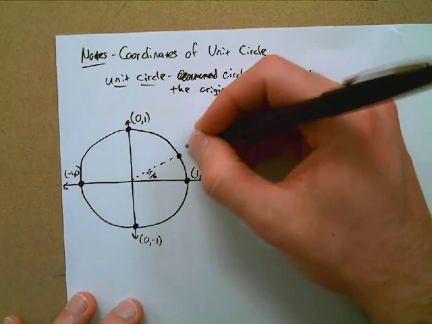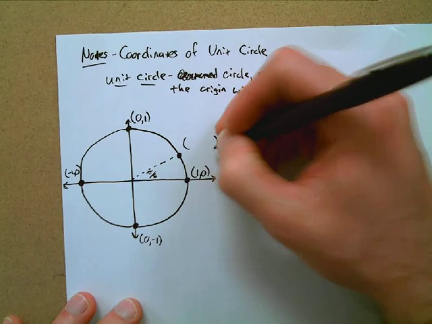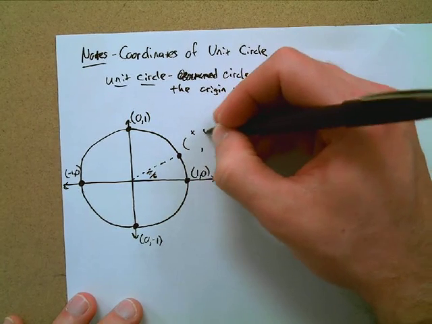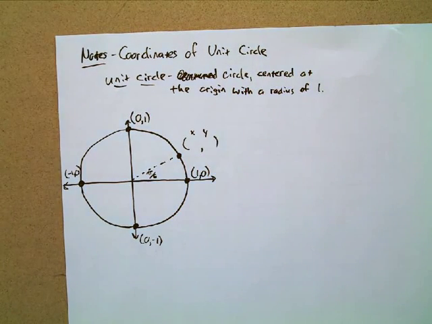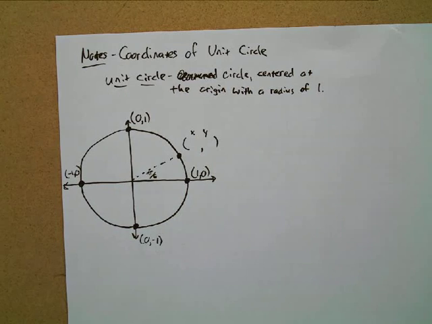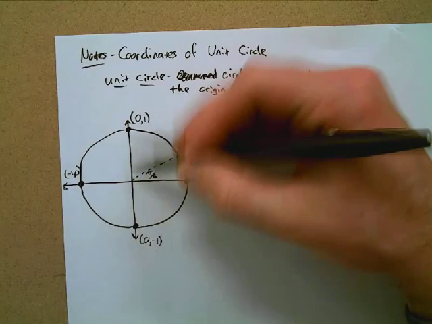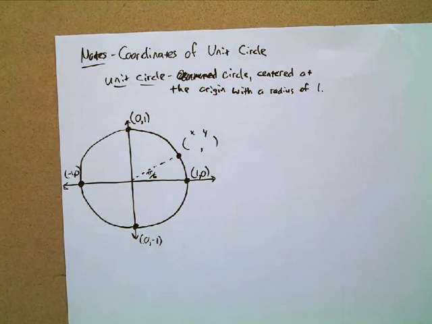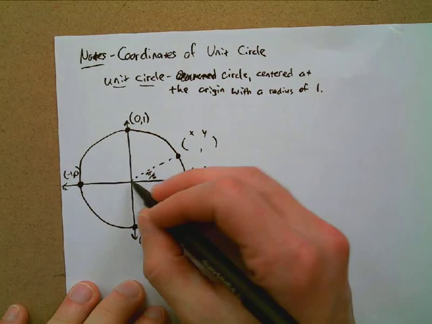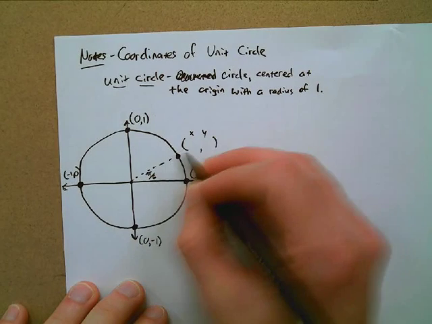It'll be some x, y coordinate. But of course, this one's harder to evaluate because it's not horizontally 1 over, or vertically 1 up or anything like that. It's at a diagonal distance. Now we know the distance from the center to this point is going to be 1, because that's a radius. This is another radius of our circle right here.